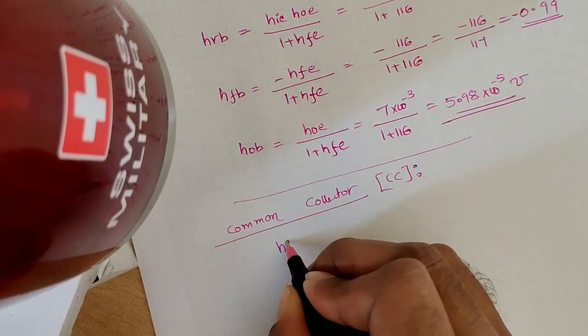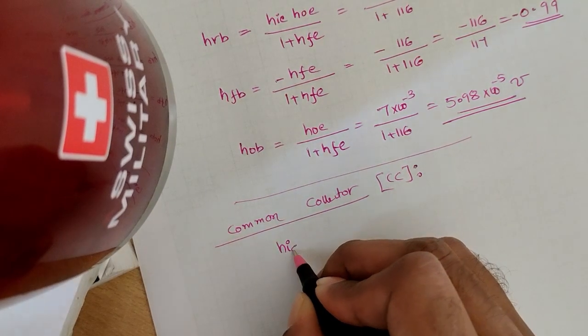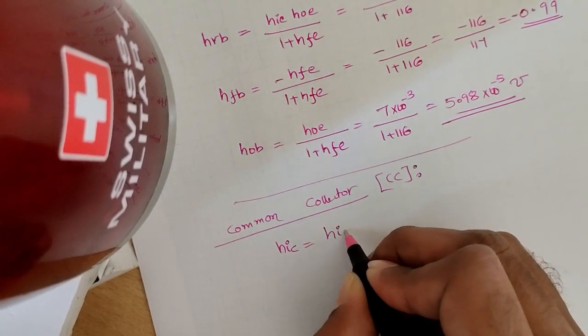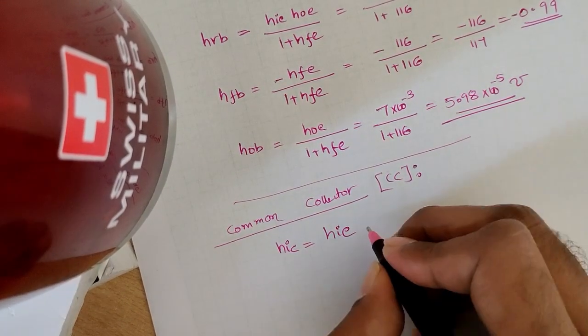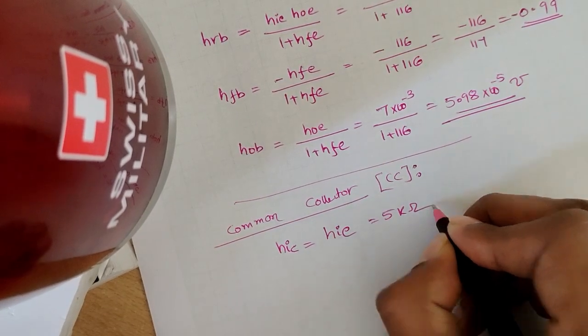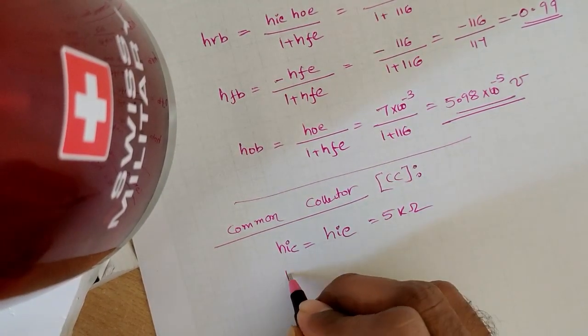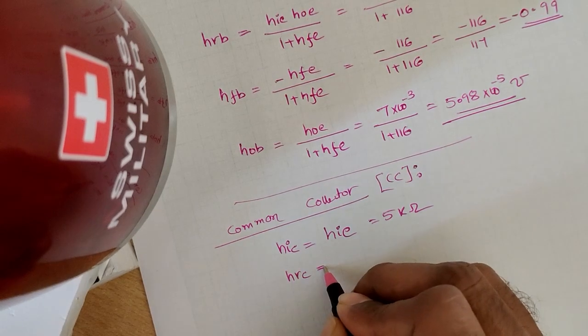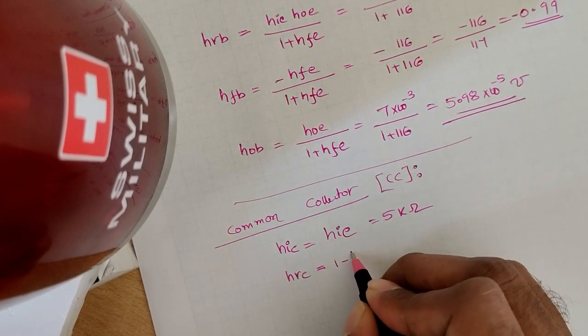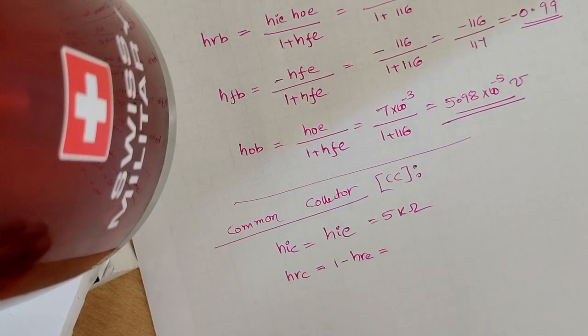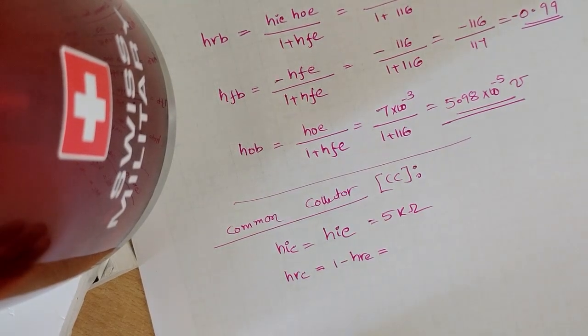HIC is approximately equal to HIE, so that is 5 kilo ohm, and HRC is 1 minus HRE, an approximate expression.